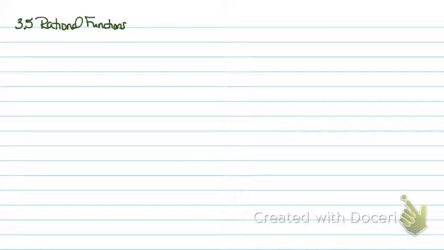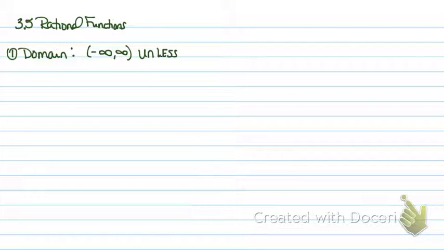Alright, so objective 1 talks about domain. And so the domain is always negative infinity to infinity unless it has one of these restrictions. Now there's definitely more than these restrictions, but when we're talking about rational functions, these are the things we have to watch out for, okay?